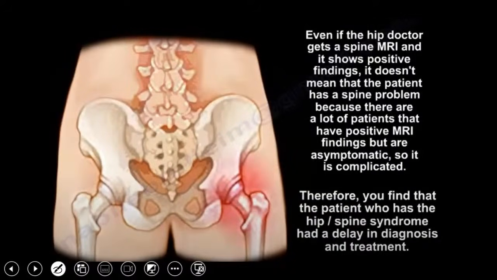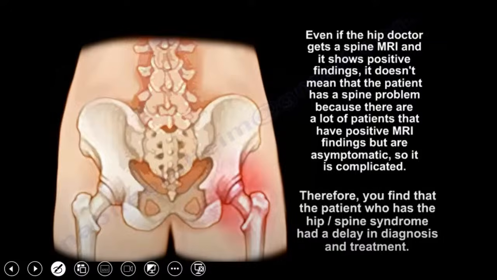You get an MRI, you find a lot of discs in the MRI. Let's say a hip doctor will do that and say, oh, it is the spine. No, just because he's seen a lot of changes in the MRI or positive findings, it doesn't mean it is the cause of the pain for the patient.